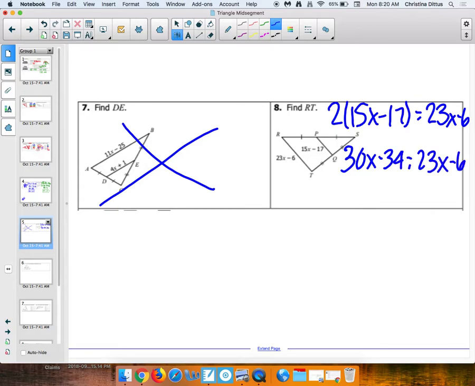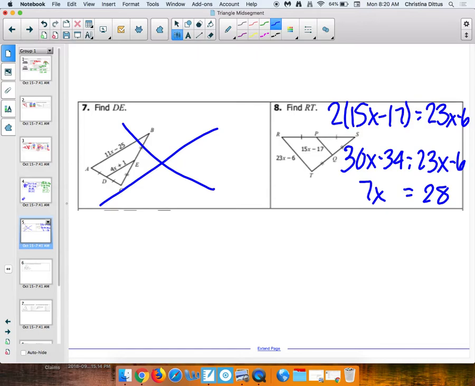Now what? Add 34. I get 28. Subtract your 23x, you get 7x.